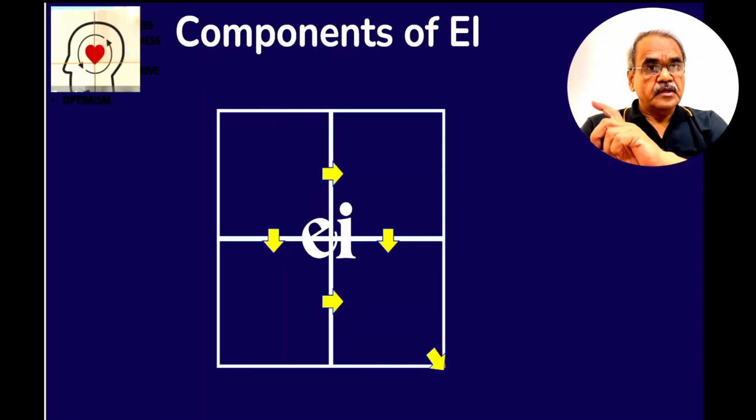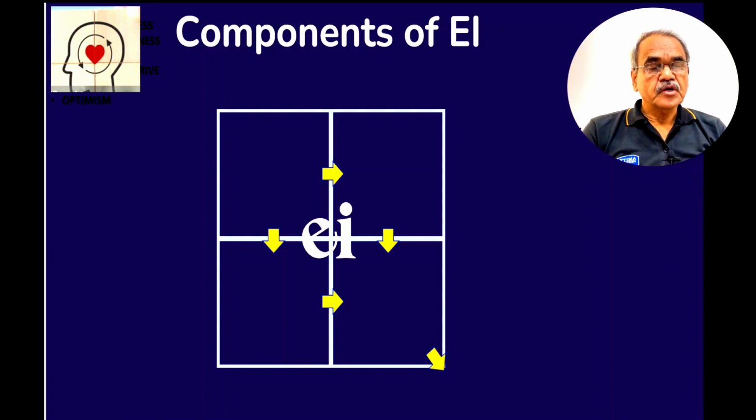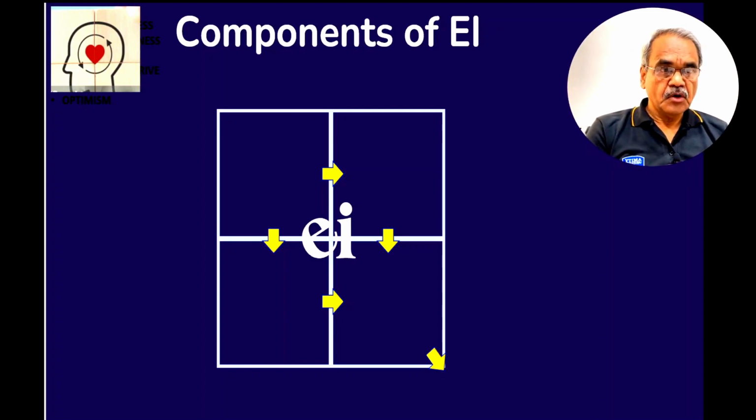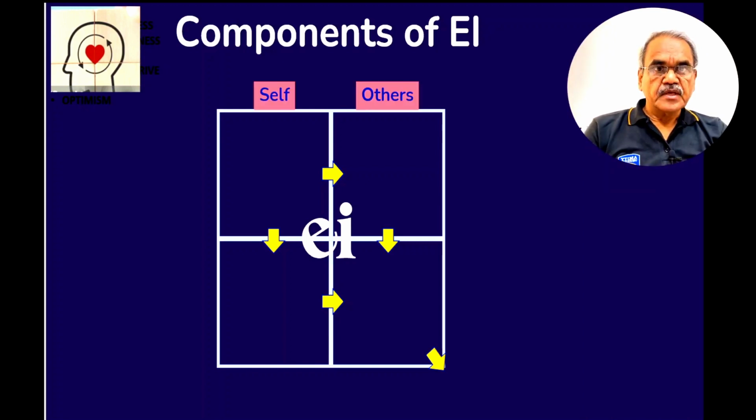In the definition part, if you recall, I said you should be able to recognize it, understand it, and then manage it. All right, fine. So if you have to do it, you have to know more about its components. First and foremost, as in the definition, emotional intelligence involves two agencies.